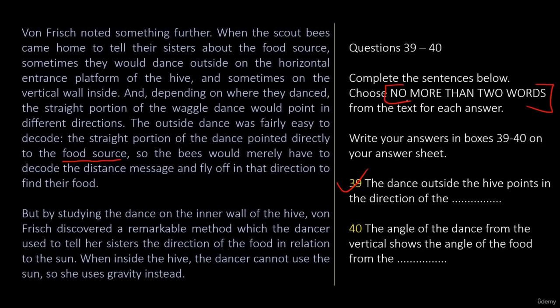The instructions say no more than 2 words, and if you write the words "of the food source", this one is incorrect for a reason, because it's not 2 words anymore, it's 3 words. So, totally incorrect. What if we just write food? It's correct because they have mentioned no more than 2 words. They have not mentioned exactly 2 words, right? If you write 1 word or 2 words, it's totally fine.